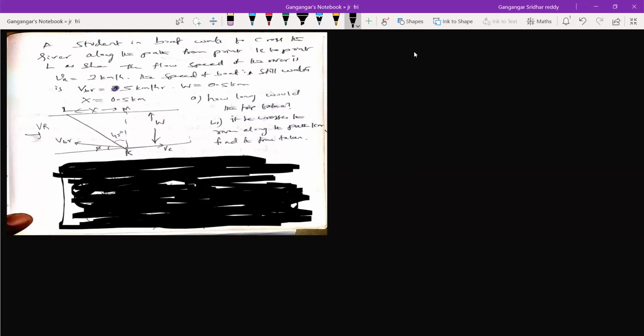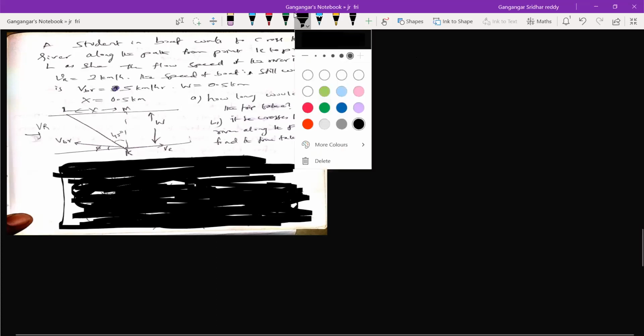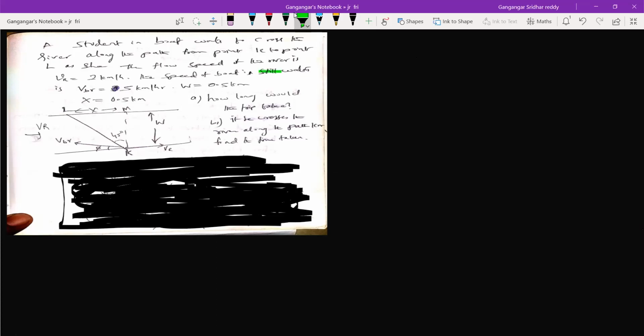The speed of the boat in still water, I think this is really the confusing word, still water is telling, I'm underlining that, is VBR, 5 km per hour. The width of the river is this much. The drift is also given for us. How long would the trip take? If you cross the river along the path, find the time taken.